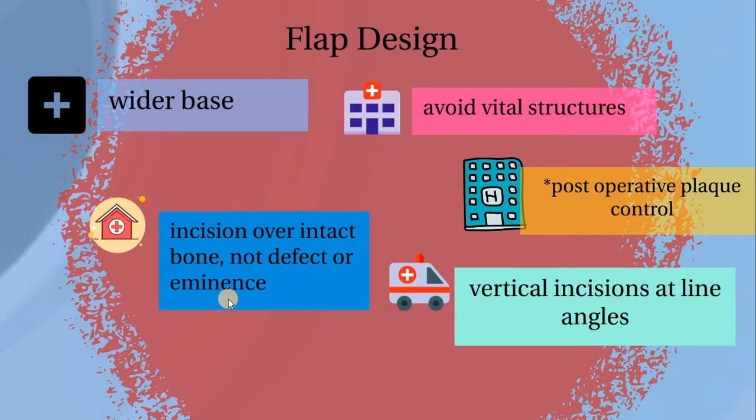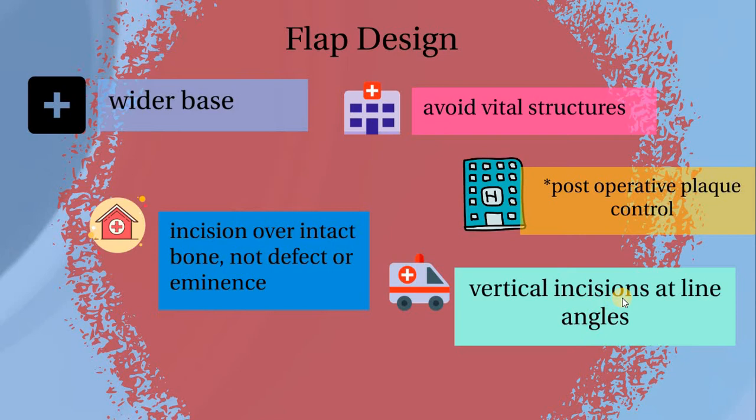For example, if there's a cyst and you want to remove it, you can't do a flap design across the cystic lesion or across an area of bony defects. Also you can't do your incision on the canine eminence or any eminence inside the oral cavity, because it will tear the flap and make it difficult to be replaced into its position.